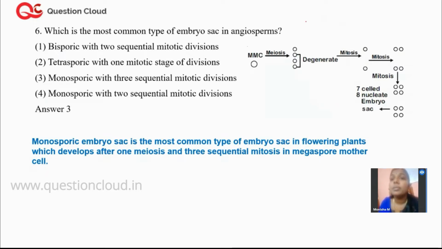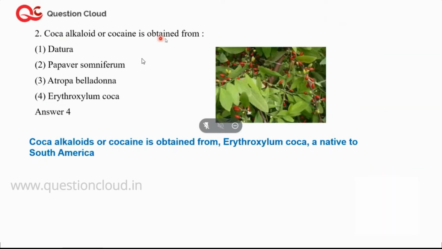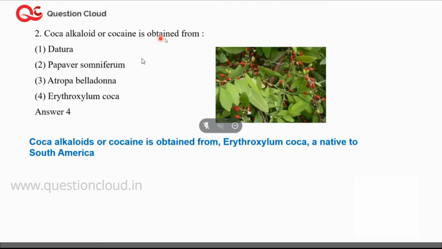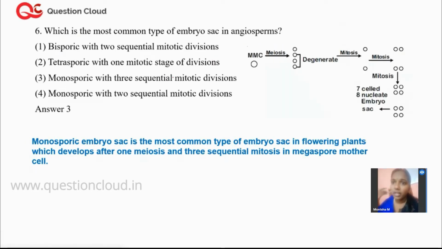There are four options given: bisporic with two sequential divisions, tetrasporic with one mitotic stage of division, monosporic with three sequential mitotic divisions, and monosporic with two sequential mitotic divisions. Now let us see what the answer is.